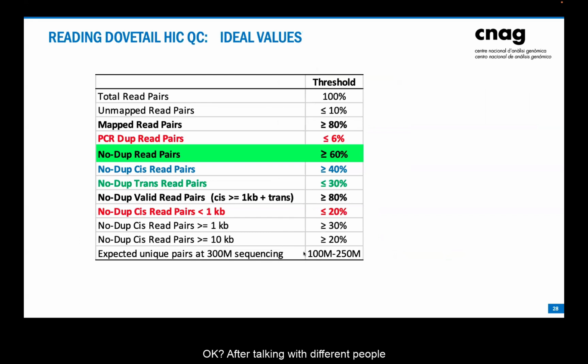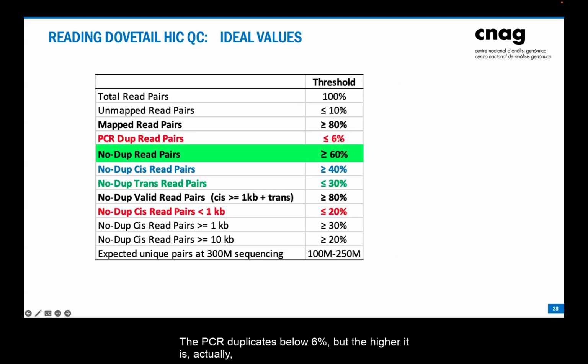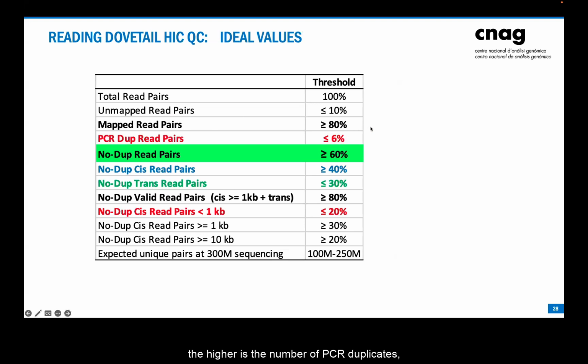Okay. After talking with different people and looking at the results, I summarized what would be good thresholds or ideal values for the different stats. The unmapped reads, you would like to keep below 10%. The mapped reads at least over 80%. The PCR duplicates below 6%, but the higher it is, the higher the number of PCR duplicates will be when we do the deep sequencing.